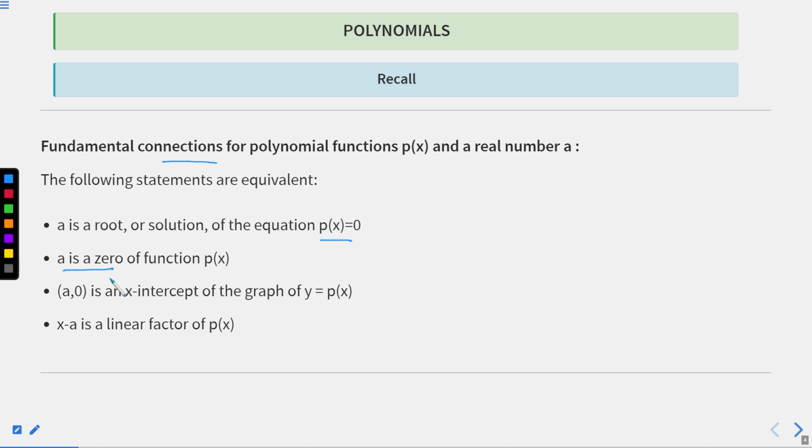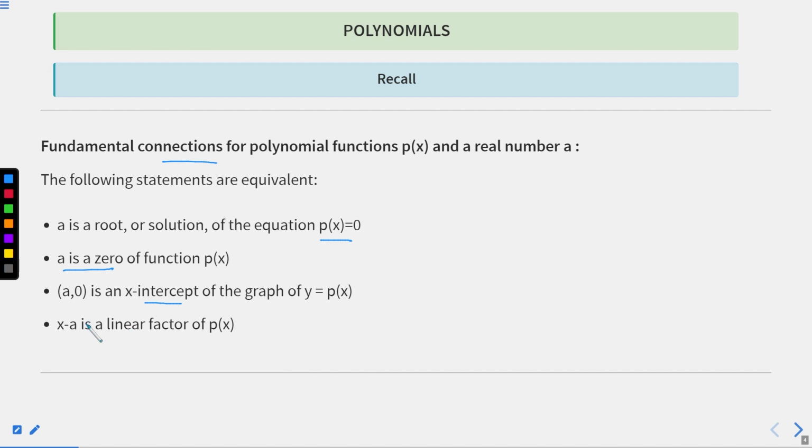That means when we replace x with a in the polynomial p of x, and we get p of a is equal to 0, then a is called a zero of this polynomial p of x. And a comma 0 is an x-intercept of the graph y equal to p of x, where the x coordinate is a, and a is a zero of this polynomial p of x.